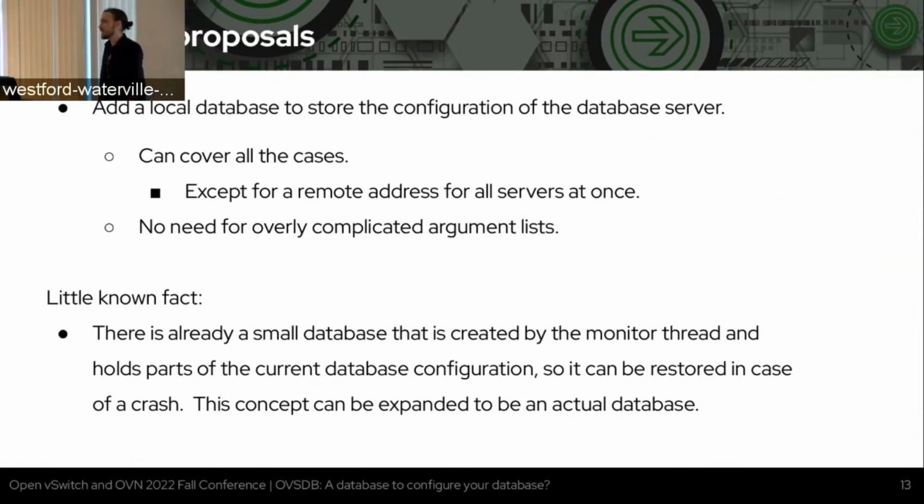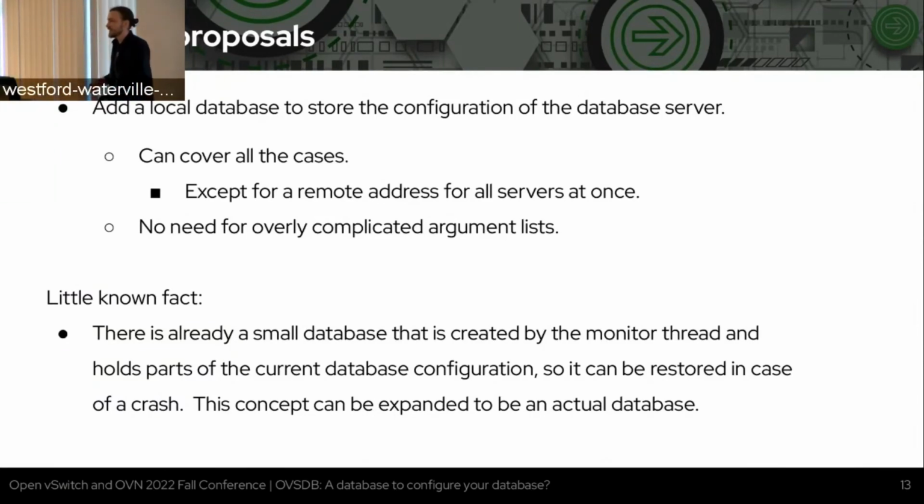It's kind of similar to having a config file, basically, but in a database format, since we already have databases, why do we need a different format? And a little known fact is that there is already this thing, because in case of a crash and restart by the monitor, the process needs to have the same configuration as it had from the command line and app control commands.